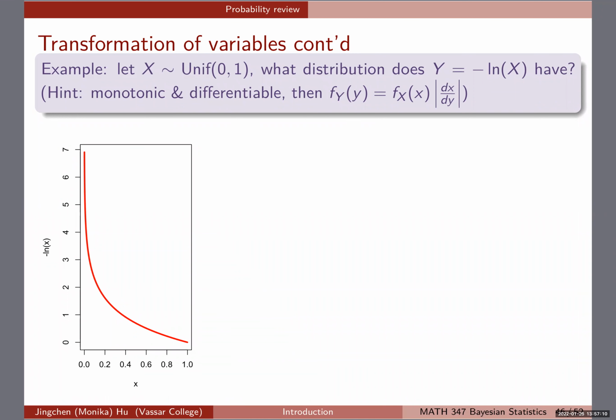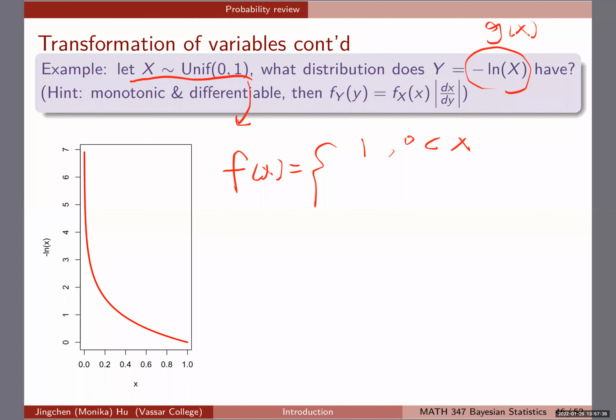By the way, this is the g(x) function, just to help you set up. What we reviewed just now is that if this g(x) function is monotonic and differentiable, then you're able to use this formula.